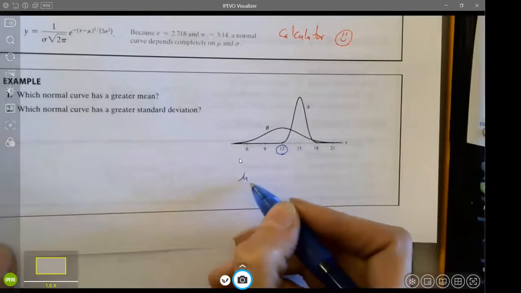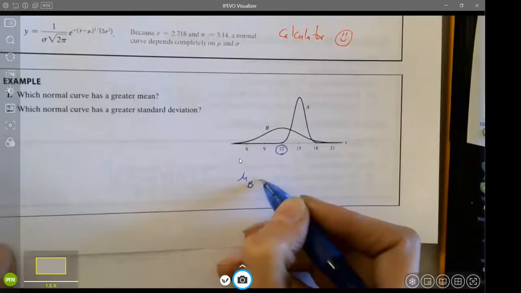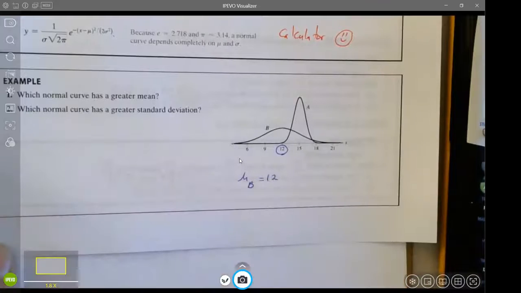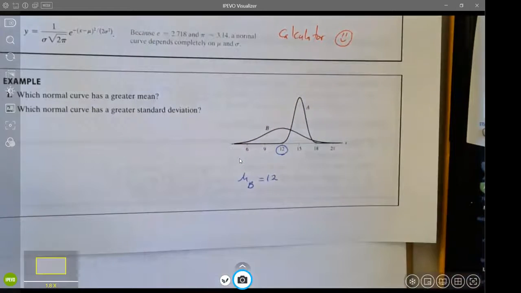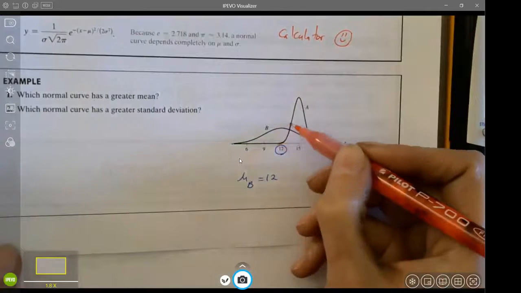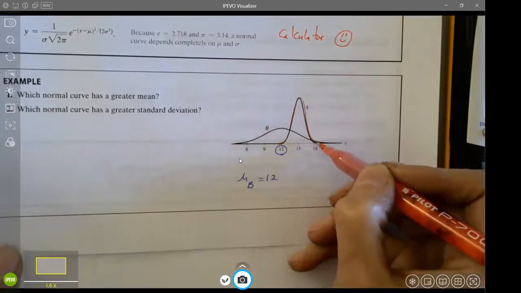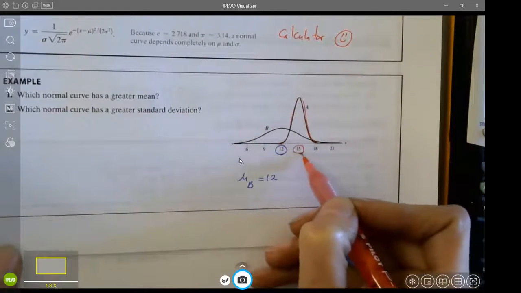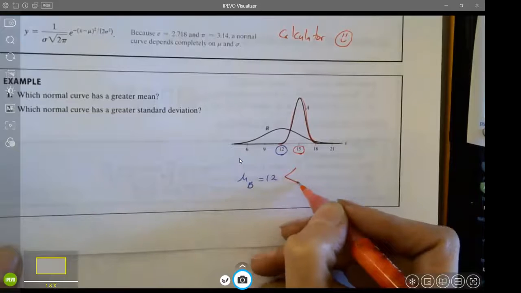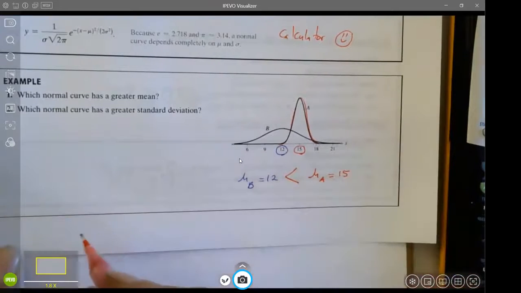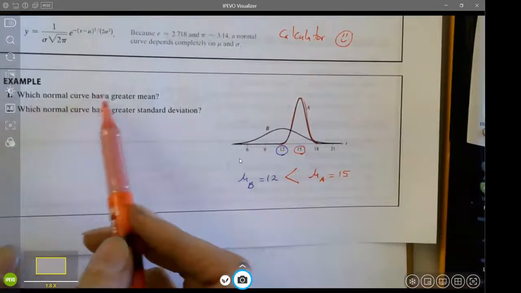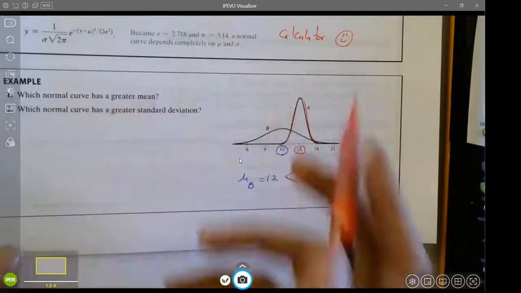So the mean of curve B is 12. The mean of curve A, see the different color, which is 15, of course, is greater than the mean of B. So which normal curve has a greater mean? A.